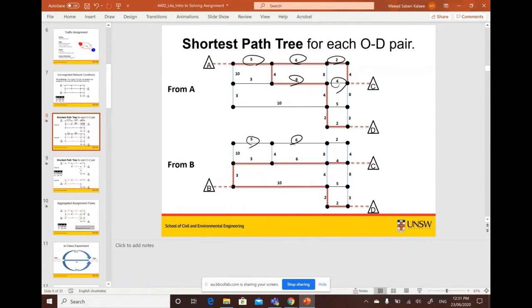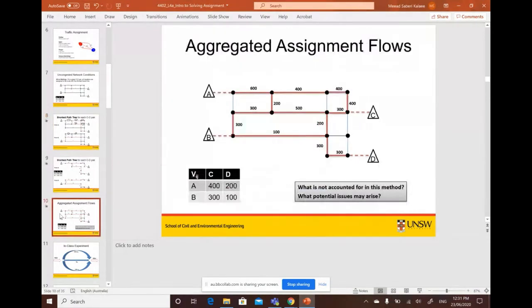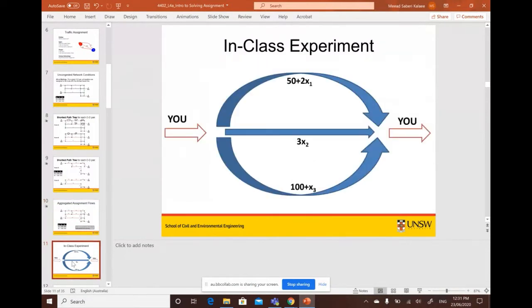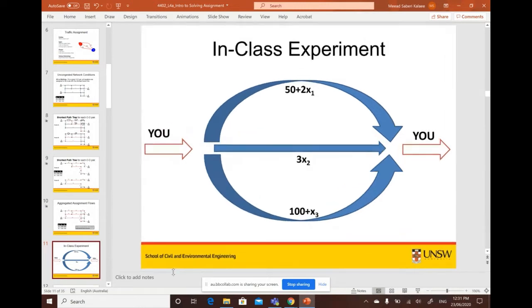Because in reality, if I have more volume on a road, more cars on the road, I expect larger travel times. So if more people are using a link, that cost should go up. But in this example, that cost is fixed. So these are some of the issues that we didn't really account for in this example. But before we continue, I want to do a little in-class experiment, okay?